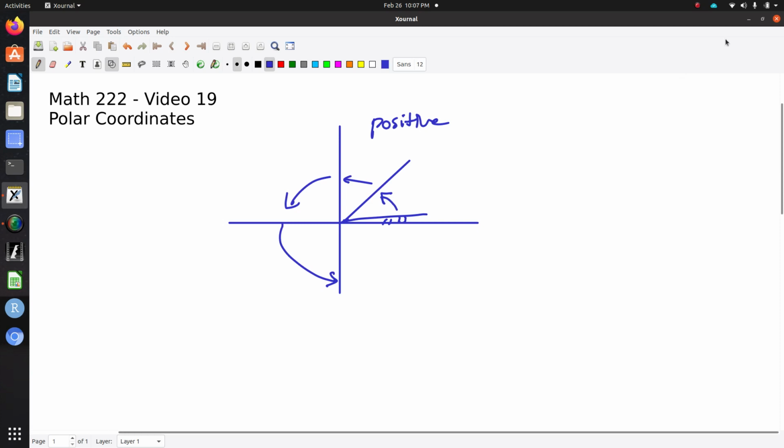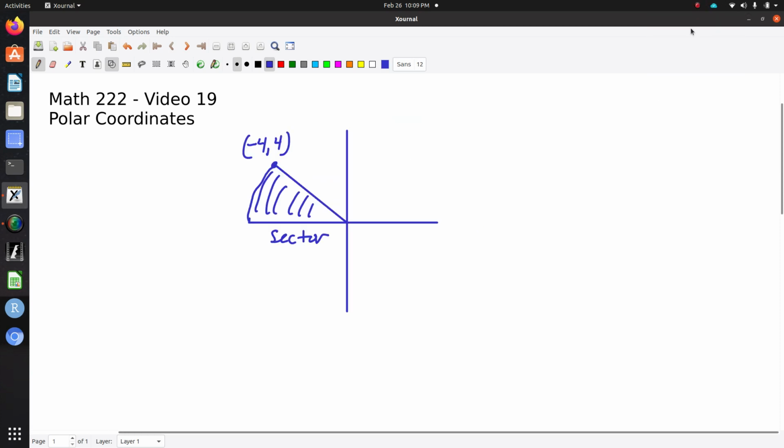That's really important. Okay, so what if I want to know the inequalities that represent this sector? This is similar to one of the ones in your worksheet. I'm going to let you figure out the first two by yourself. But in this case, r is between 0 and what?